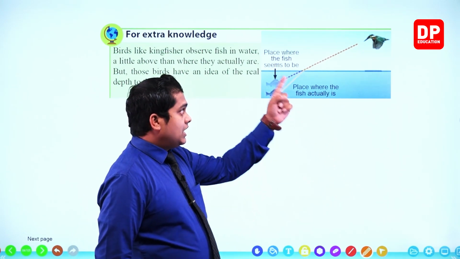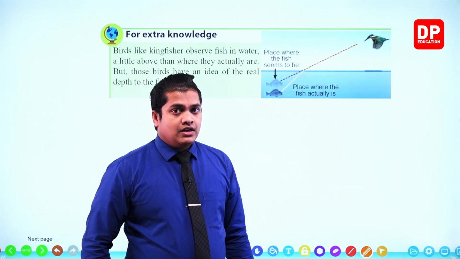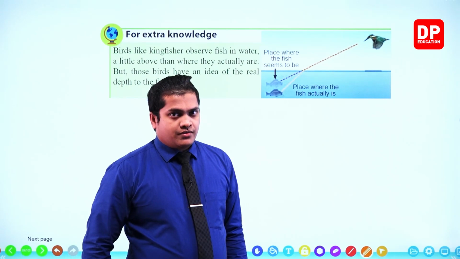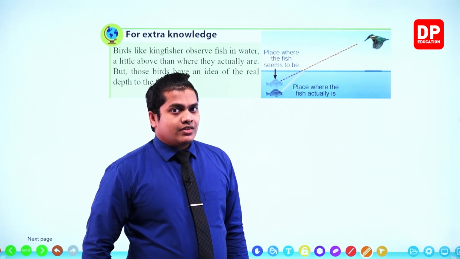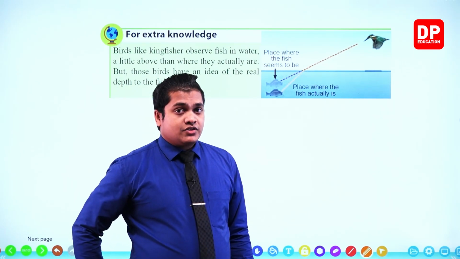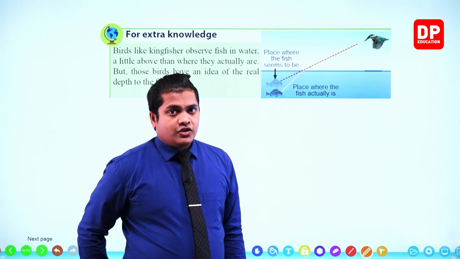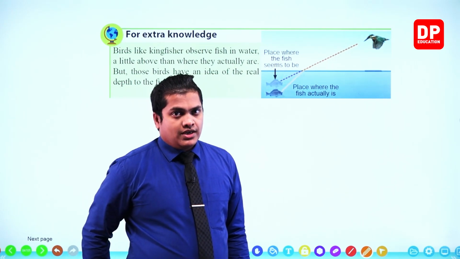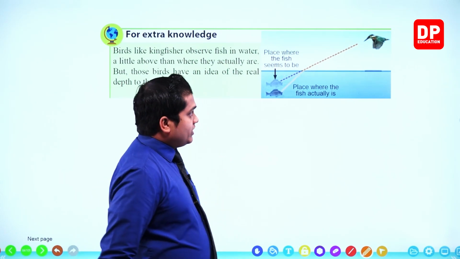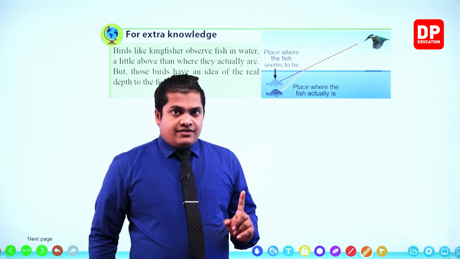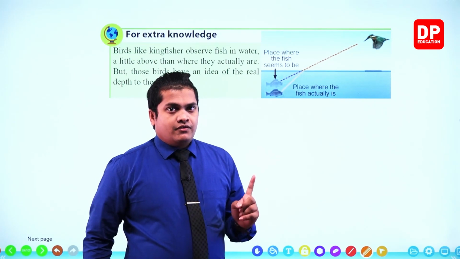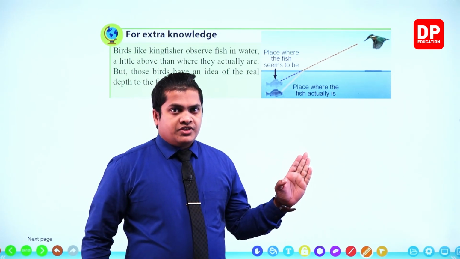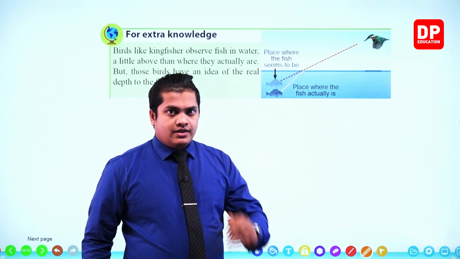However, the kingfisher has the idea of the location of the fish. So that idea helps the kingfisher to catch that particular fish. Okay, right, my dear children. So this is the first and foremost effect of refraction, which is the apparent depth and the real depth.